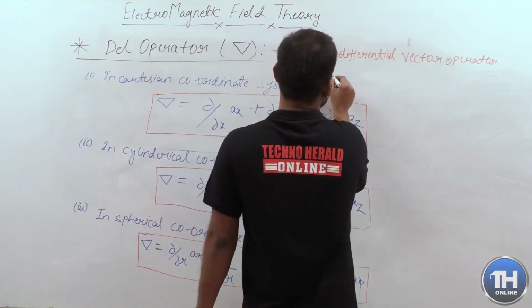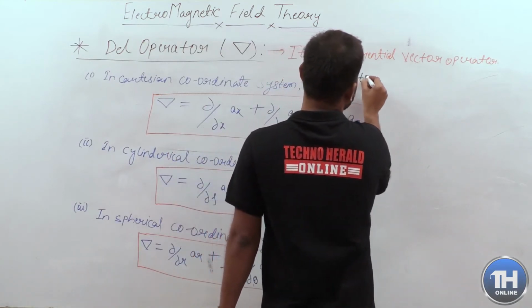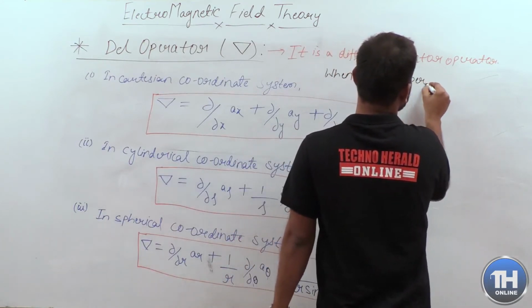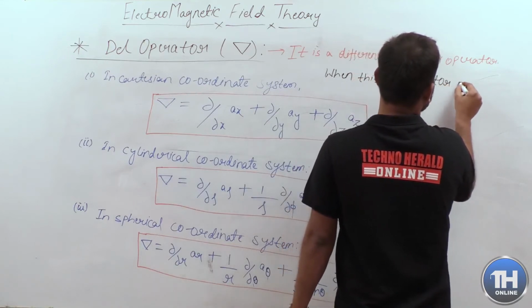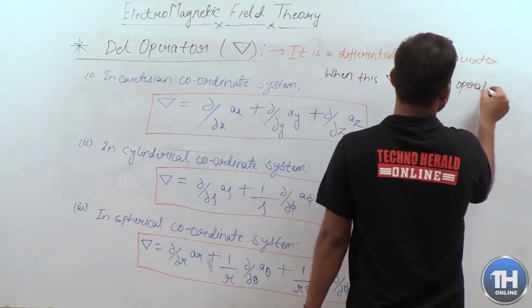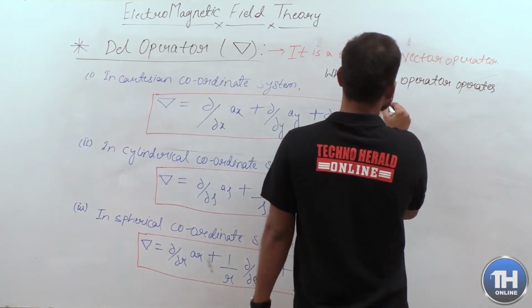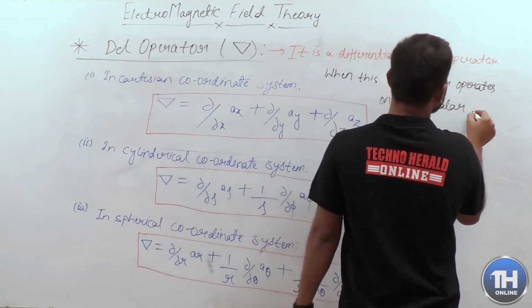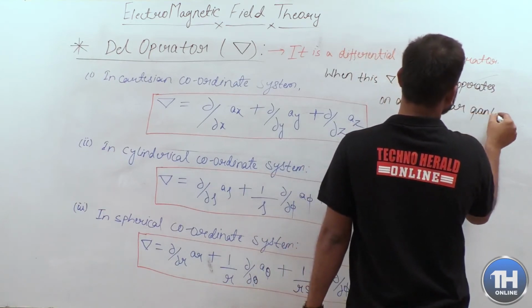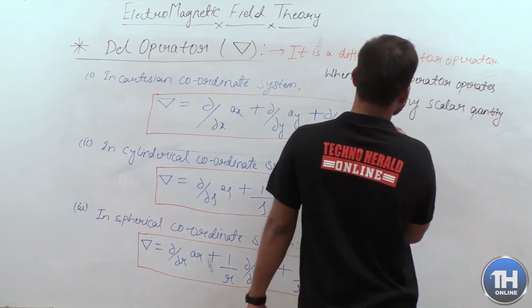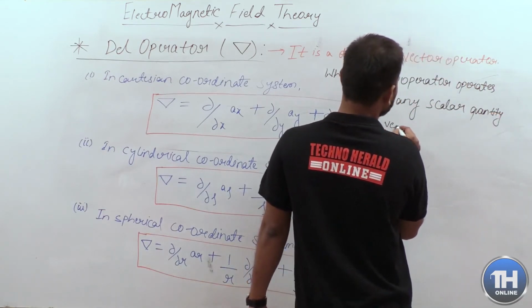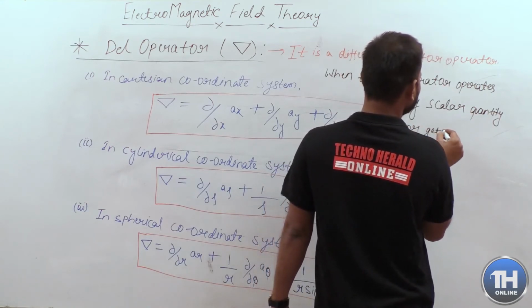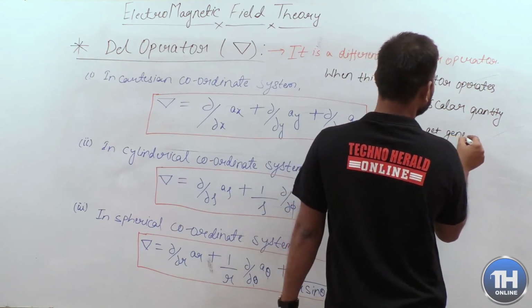When this delta operator operates on any scalar quantity, a vector gets generated.